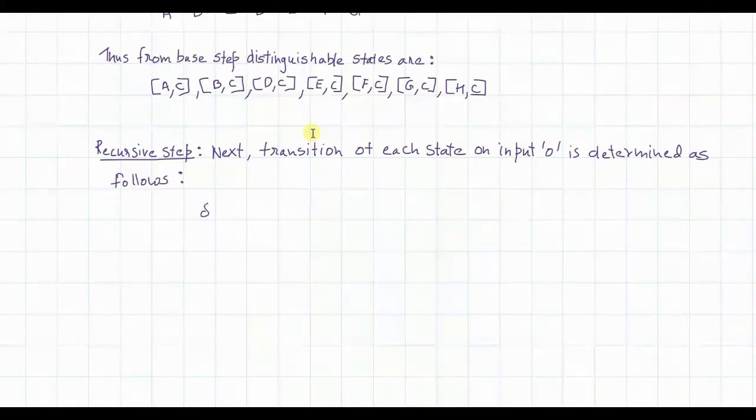First, delta star of the first state A on 0, let's see what we get. Then delta star of the second state B on reading symbol 0, let's see what state we get here. Delta star of the third state, that is C, on 0 also we will see.